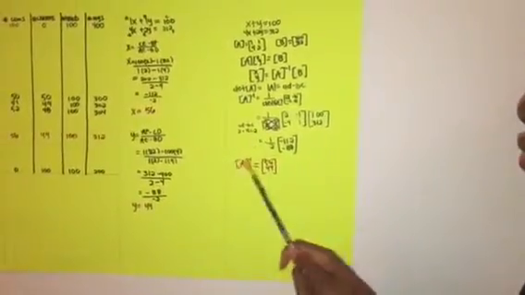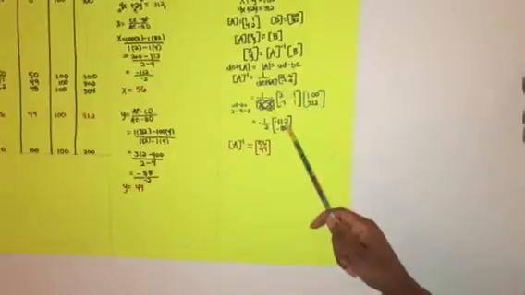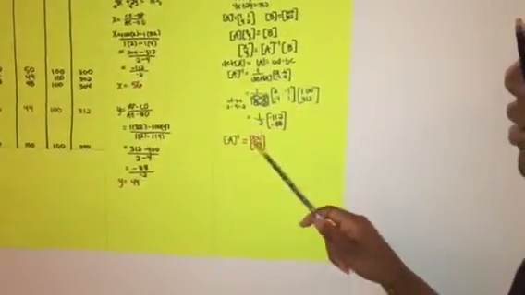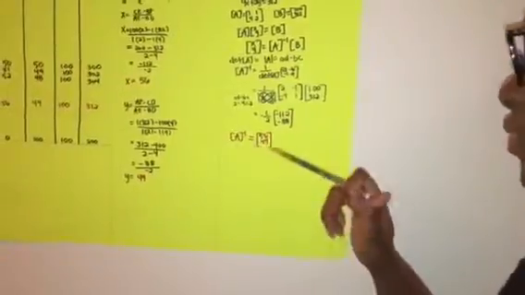So that's equal to negative 1/2 times negative 112 and negative 88. So then the solution is equal to 56 and 44.